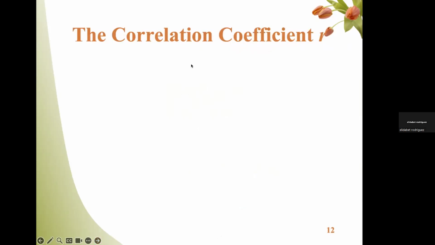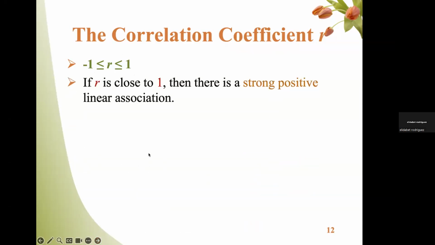Again, correlation coefficient, more explanation about R. R is a number between -1 and +1. It can be +1, and it can also be -1. Majority of the time, R is going to be a decimal number between -1 and +1. Once in a while, R is +1 or -1.